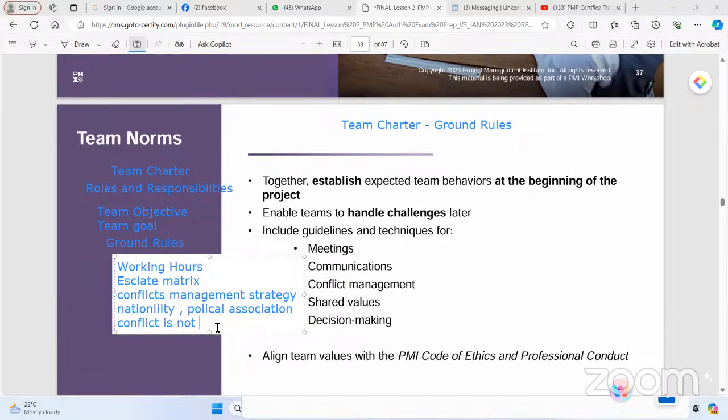Yeah. And also we will talk about what kind of decision making we will be using. Either democratic decision making, where we will have decisions through voting, or directive decision making. And it all depends. If you have a lot of time available and you want to build a consensus between the team members, then go for it.